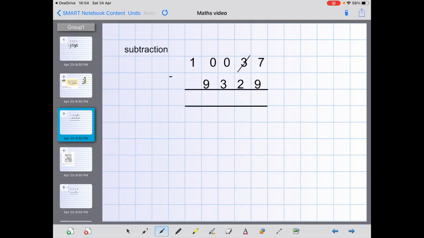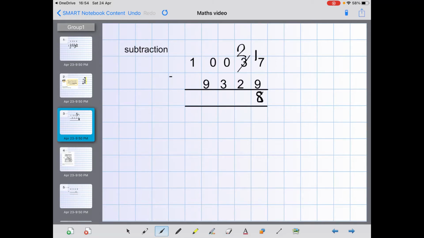So we will no longer have 3 tens, but instead we would have 2 tens. And because we're moving 1 ten into our ones, we would be moving 10 ones, making it 17 ones. 17 take away 9 is 8.